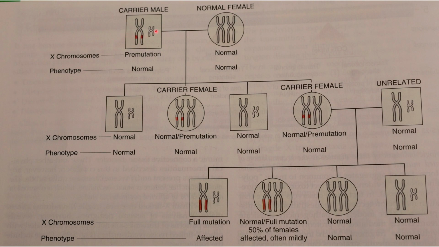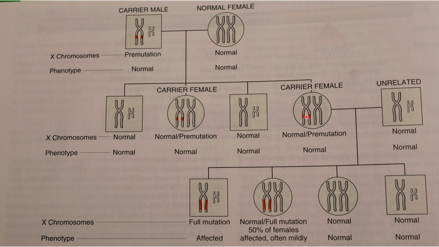So you have a carrier male, normal female. The X chromosome is a premutation. The phenotype is normal. Normal X chromosomes here, normal. And there's a carrier female. X chromosomes, again, normal. There's a premutation right here, normal. This is a normal premutation. These are carrier females here. And you can have unrelated, which gives you normality here.